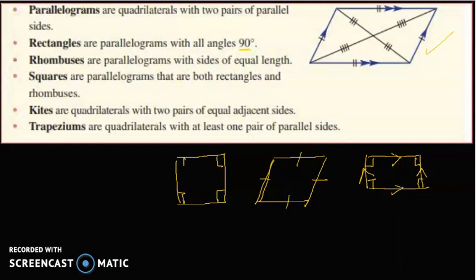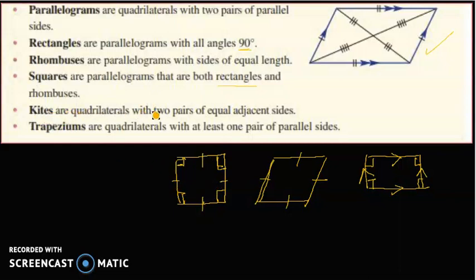This is the picture of a square, but it fulfills both the conditions of rhombuses and rectangles. Rectangles because all angles are 90 degrees, and rhombuses because all the sides are equal. So a square will also have all the angles equal to 90 degrees, and opposite sides will be parallel to each other. They will be equal to each other.